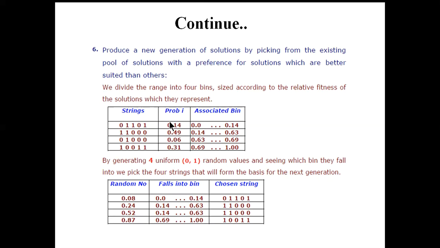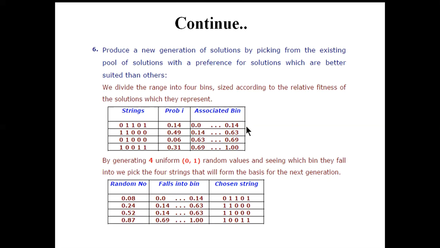Next, as the probability of selecting the second is 0.49, we set the range 0.14 plus 0.49, that is 0.63. The next one is 0.63 plus 0.06, that means 0.69, and after that 0.69 plus 0.21, that means 1.